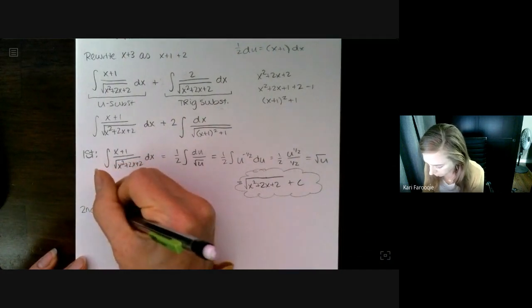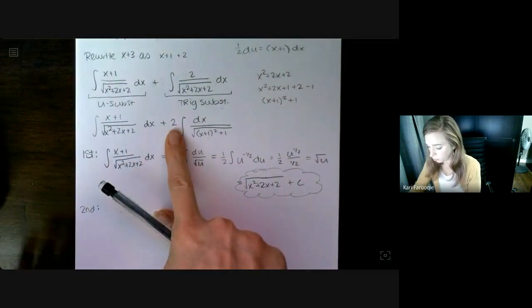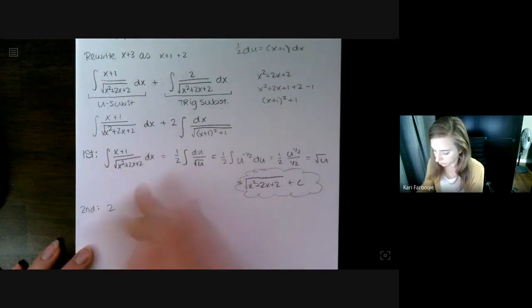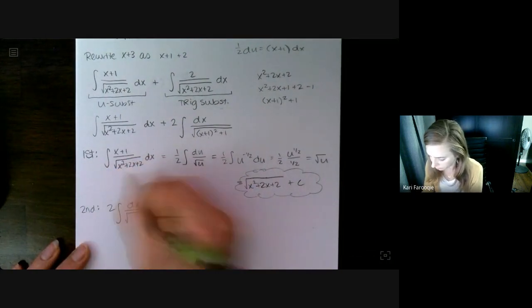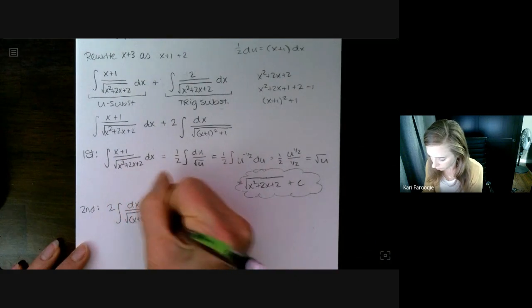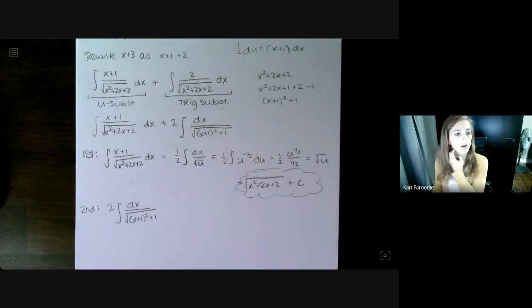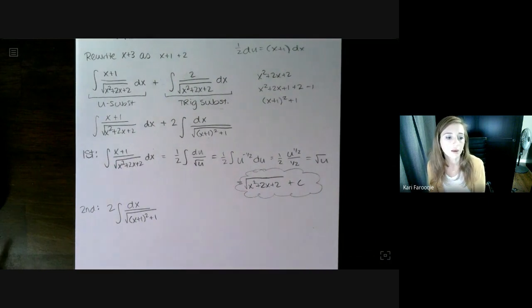All right, for the second term integral, if you want, you can remember the 2 at the end. I'm just going to keep it on there so we don't forget about it. We're looking at twice the integral of dx divided by the square root of (x plus 1) quantity squared plus 1. We're in the form u squared plus a squared.